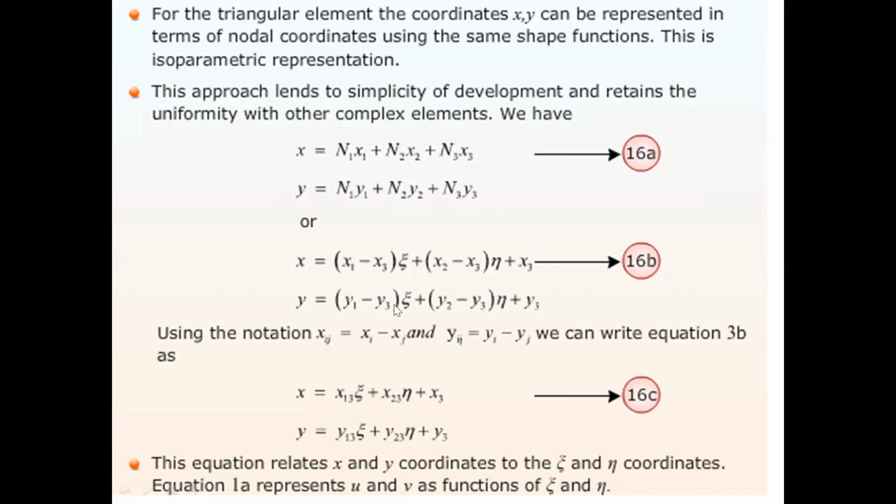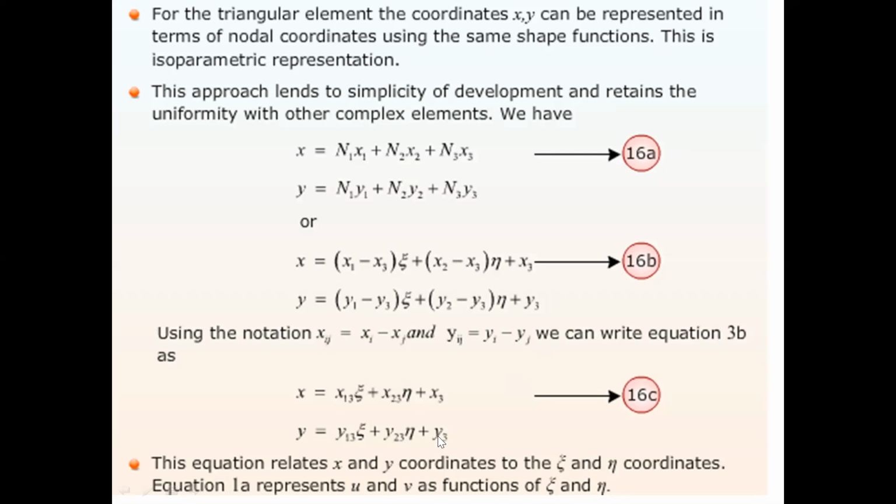Y is y1 minus y3 into xi plus y2 minus y3 into eta plus y3. If you give a notation xij is xi minus xj, yij is yi minus yj, then this can be written as x13 xi plus x23 eta plus x3. For simplification, y is y13 xi plus y23 eta plus y3.